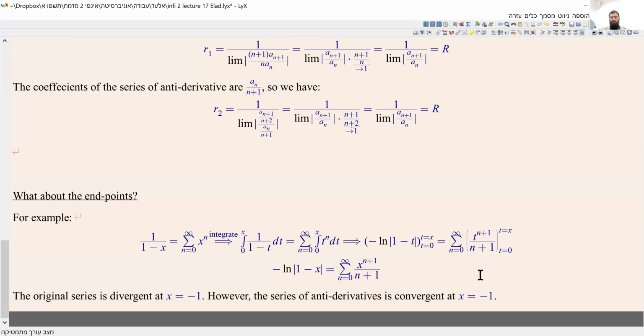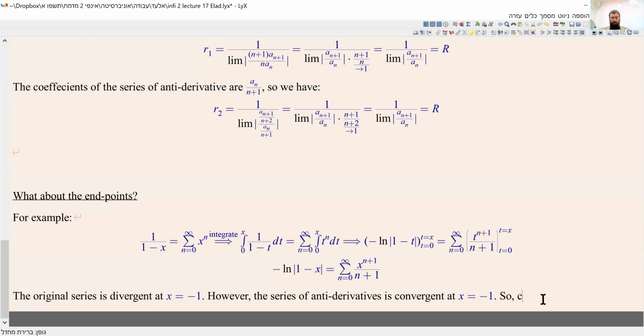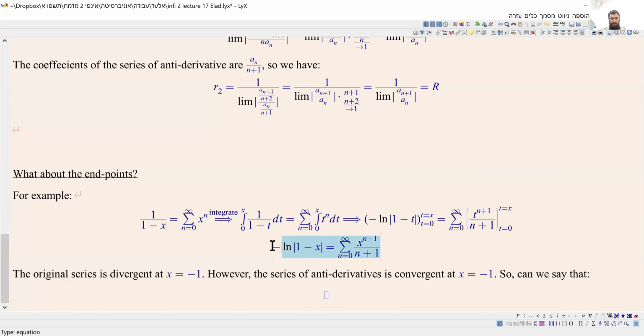I mean, if you put x is -1 here, yeah, you do get a convergent series by Leibniz or Dirichlet, whatever you call it, an alternating series. But can we say that putting here -1 is a legal move or it is illegal?